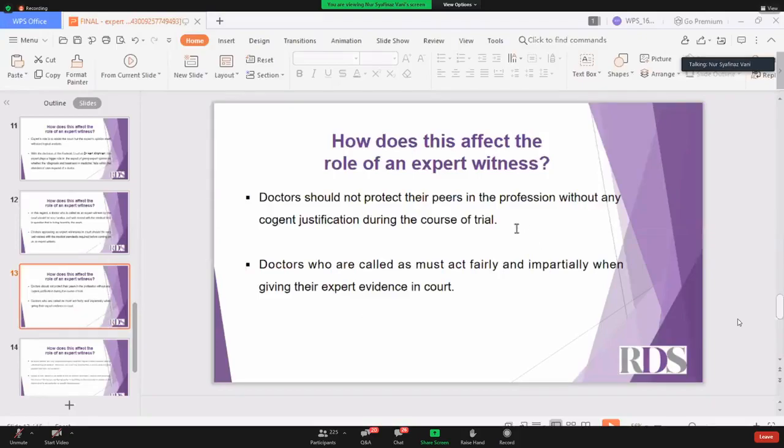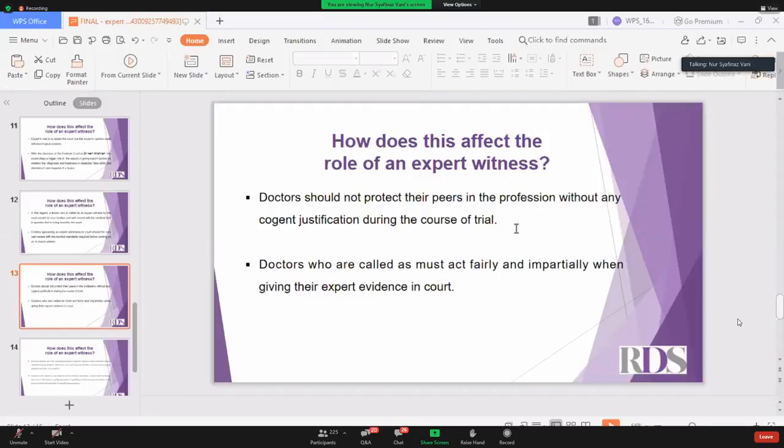We have heard many times in a medical negligence claim, if someone is acting for the plaintiff, it's very, very difficult to get a doctor to testify for the plaintiff. That's common. Even if you get a doctor to testify for the plaintiff, it's usually from overseas, from my previous experience, because it is very rare for someone to want to testify against their own colleague, their peers in the profession.